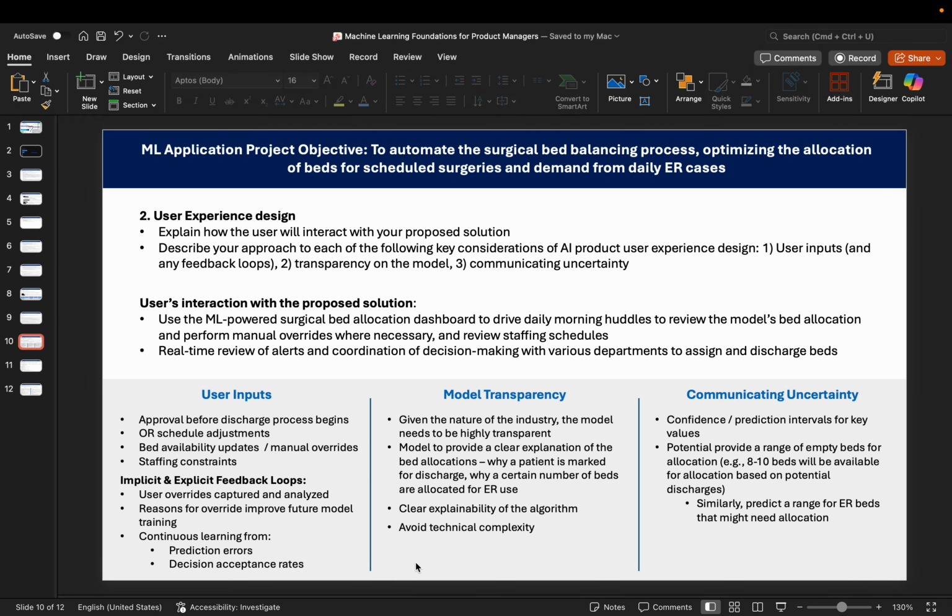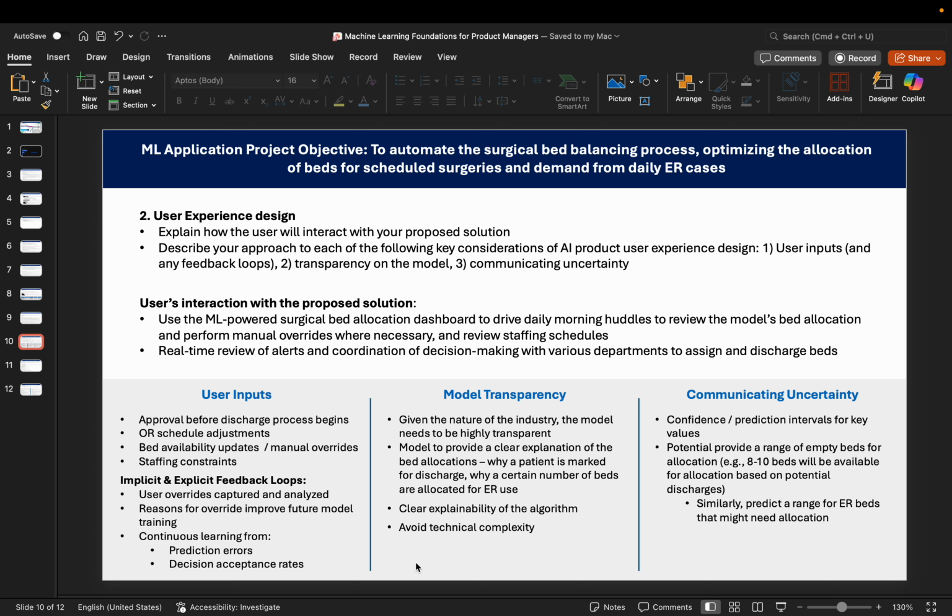In terms of user design, the ML-powered surgical bed allocation dashboard can be used to drive the daily morning huddles, to review the model's bed allocation and perform manual overrides where necessary, and review the relevant staffing schedules, and the real-time review of alerts and coordination of decision-making with various departments to assign and discharge beds.